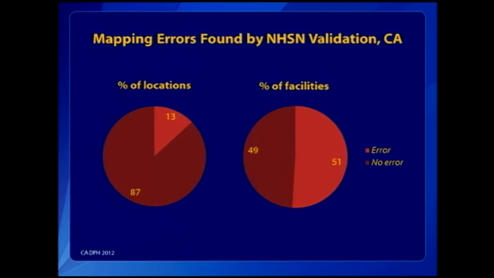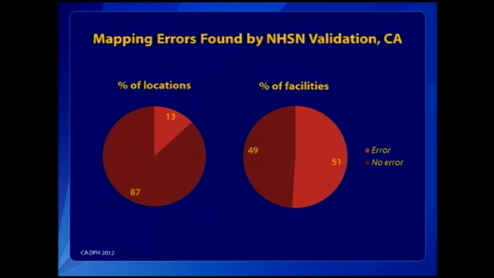So this slide shows you the results of an external validation that was done recently in the state of California, where facilities are required to map locations house-wide. And I think a lot of states have already mapped their ICU locations pretty universally.